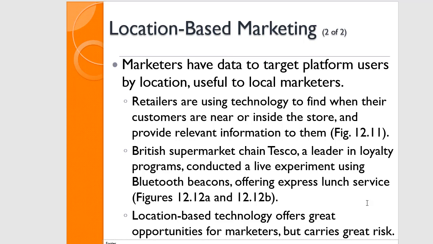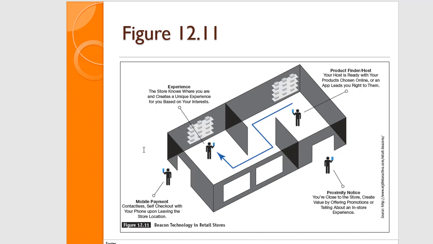So there's a lot of information that can be gathered and used by using these beacons. If you look at this figure here, you can see how this beacon can be used by your proximity, how close you are to certain things, to create an experience for you or to give you a promotion or ad or something.